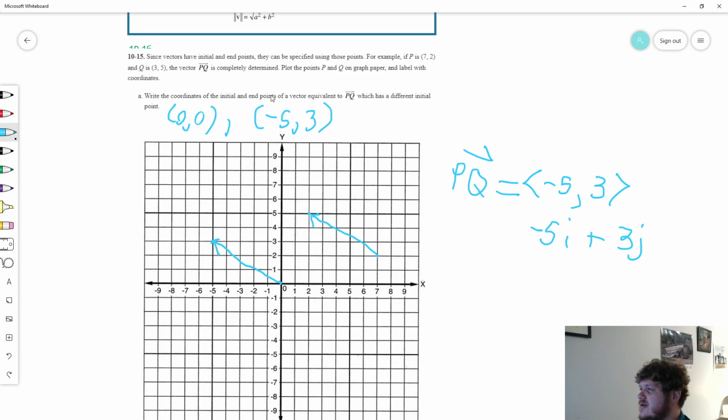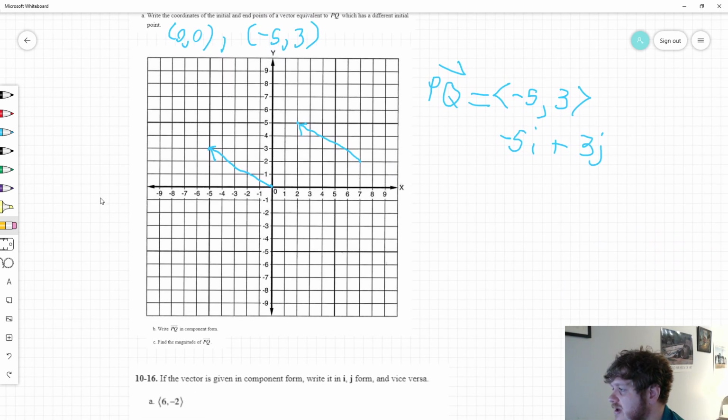Those are our two points, which would make a vector equivalent to our PQ vector. If I could draw in straight lines, it would look a little more accurate, but overall this should be good as it is. And now we'll continue on to part B.